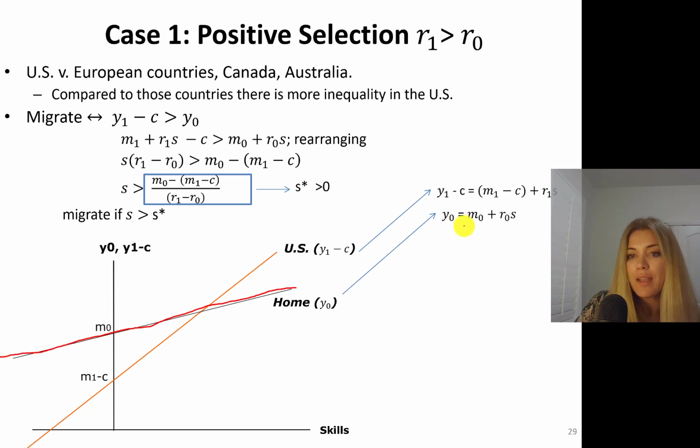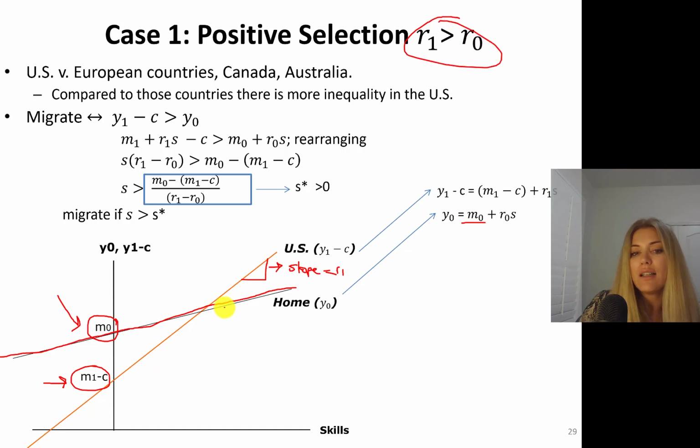I know that M0 is greater than M1 minus C, which means an average person gets paid a higher present value of lifetime earnings if they stay at home versus if they move. And the slope of the return in the US is R1. The assumption said it's greater than the return to skill at home.